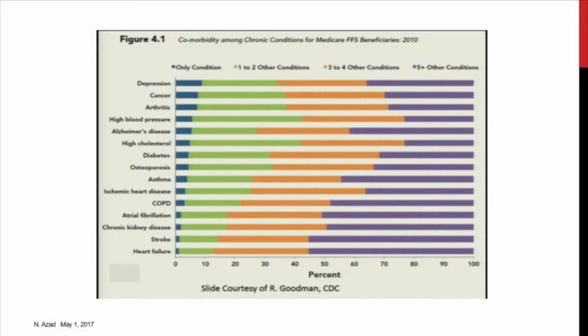Heart failure, for example, is really a perfect storm, with the highest number of chronic conditions. And we already know that of most of the patients who come to the hospital with heart failure, at least 50 to 75% decompensated because of their other chronic conditions rather than primarily the heart itself.